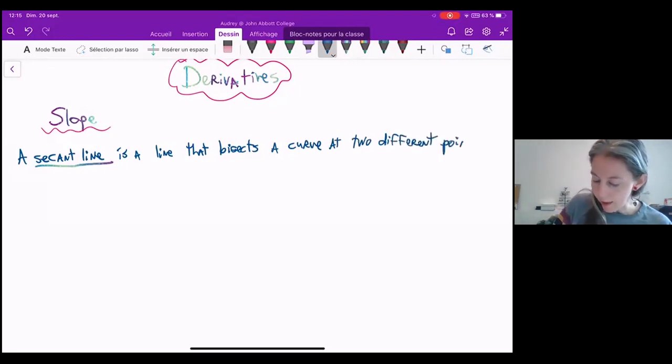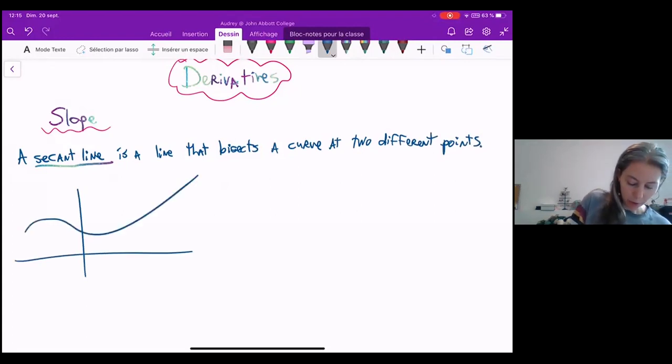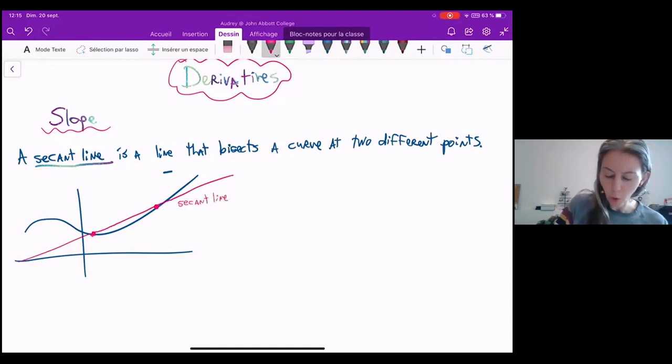What that would look like would be something like this. Maybe I have a point right here and a point right here, and if I draw a line that goes through those points, that is a secant line. Or it could look something like this.